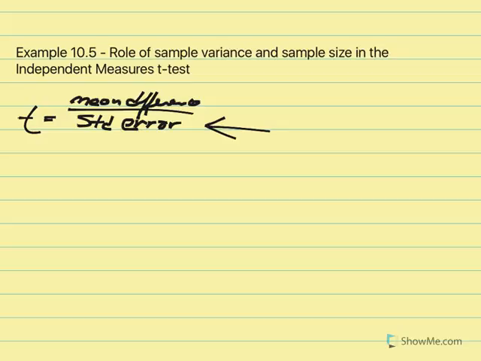So the actual standard error is equal to the standard deviation of the population over the square root of n. And we have learned the variations of that equation for Chapter 9 for single sample t-test, which is our sample standard deviation over the square root of n.